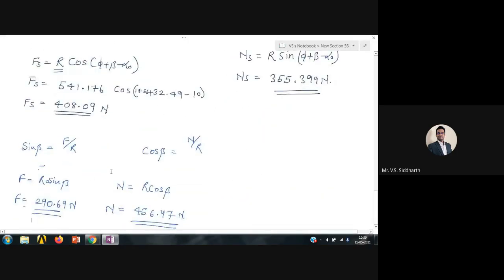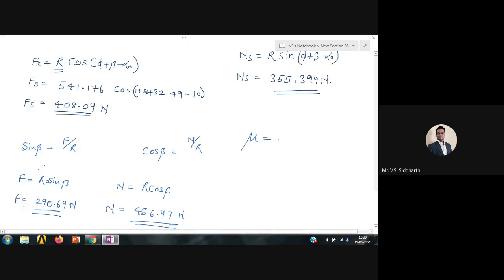But at the end, if I give you one task to tell me the value of the coefficient of friction mu, what is it?